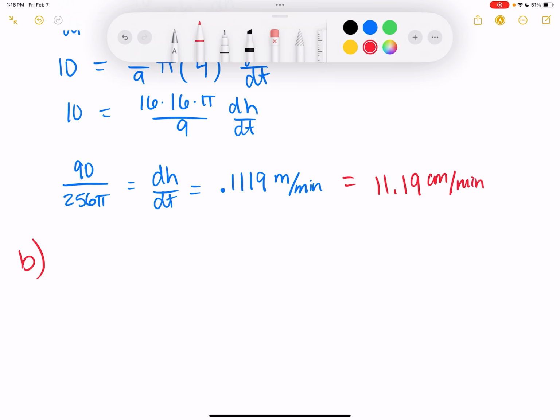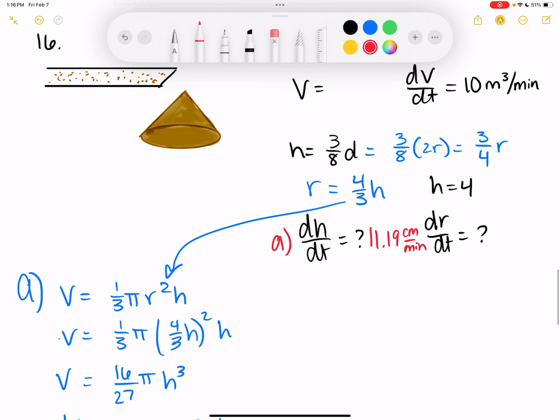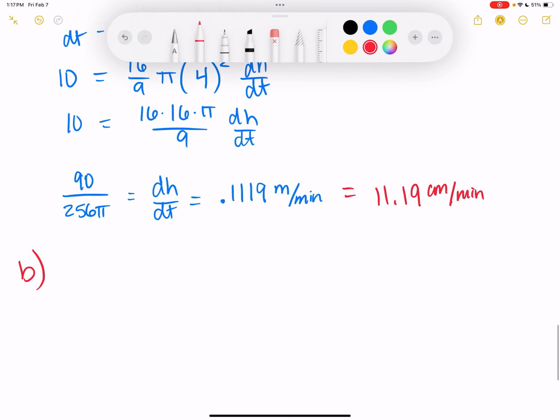I know that h is 3/4 r, and the height equals 4. So h equals 3/4 r, but it's when the height is 4, so 4 equals 3/4 r, so r equals 16/3.